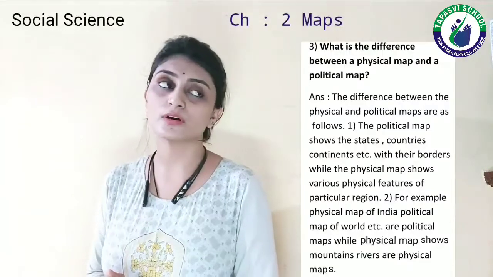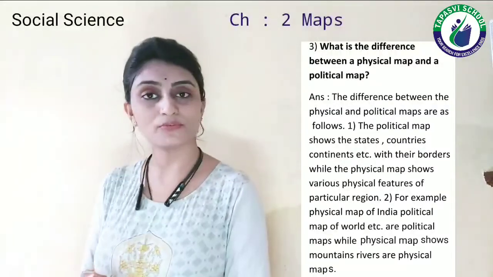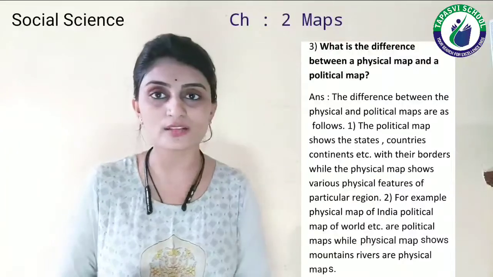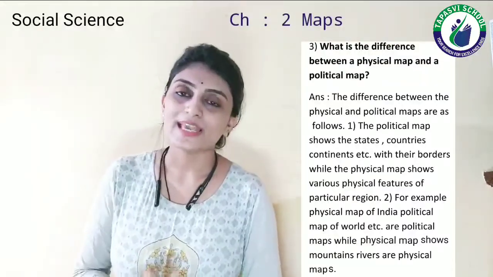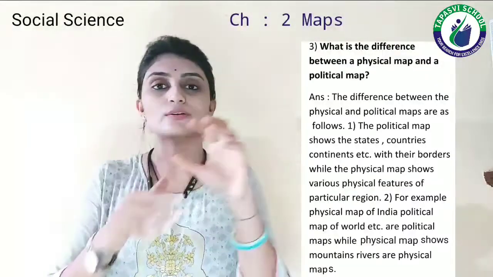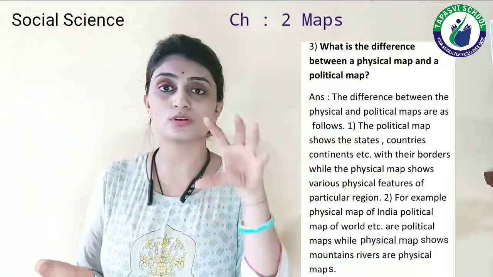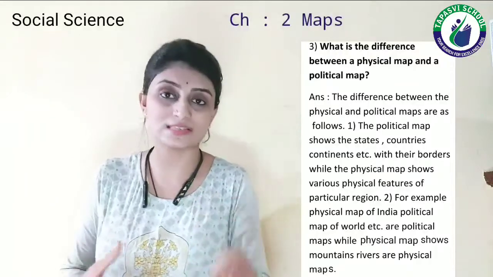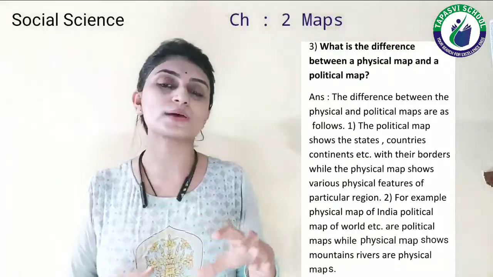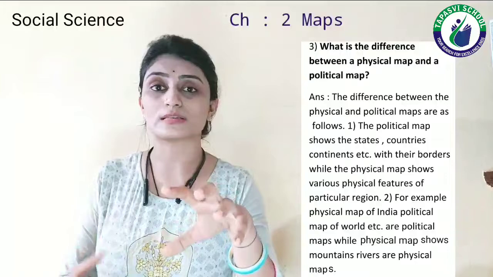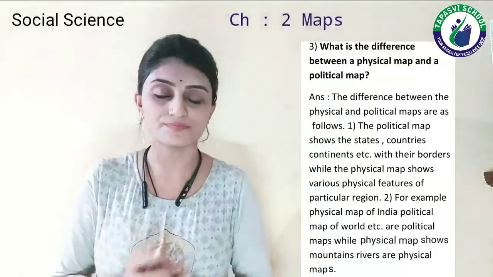For example, the political map of India, the political map of Gujarat. And for a physical map, for example, if we show a river map, we can consider it a physical map, which shows physical features like the rivers of all India.